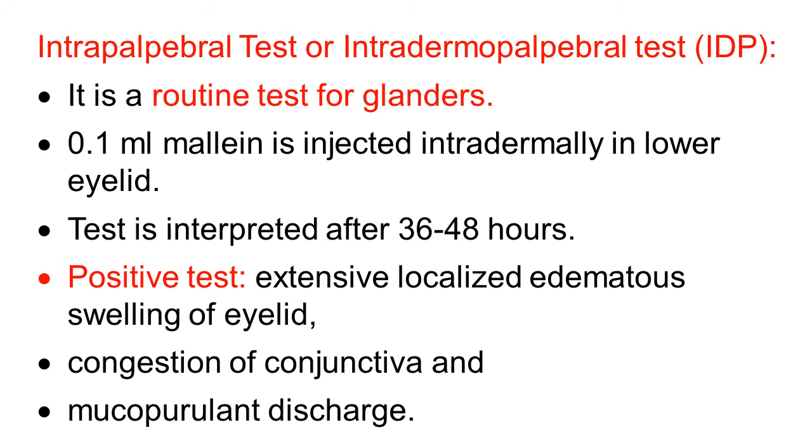Another important mallein test, which is more confirmatory, is the intrapalpebral test or intradermopalpebral test, the IDP test. Intradermopalpebral, because the mallein is injected intradermally in the palpebral area, the lower eyelid. This is a very important routine test for glanders. Remember, here 0.1 ml mallein is injected intradermally into the lower eyelid, that is the palpebral region.